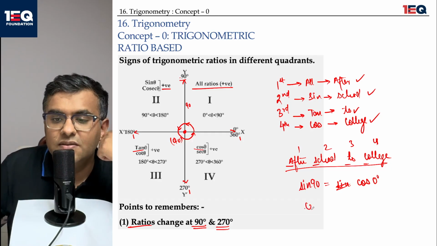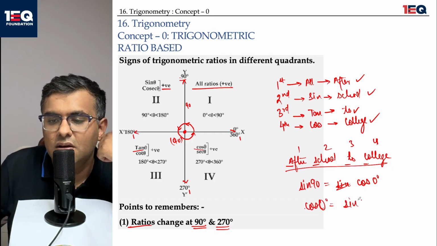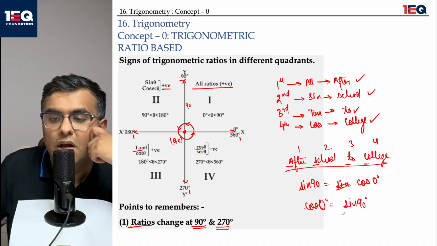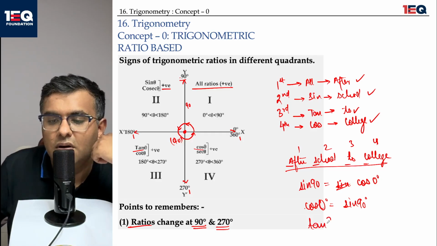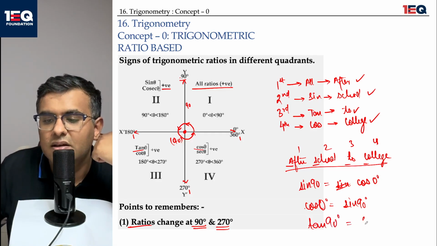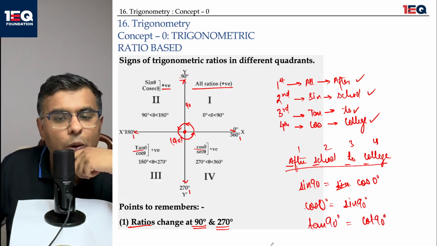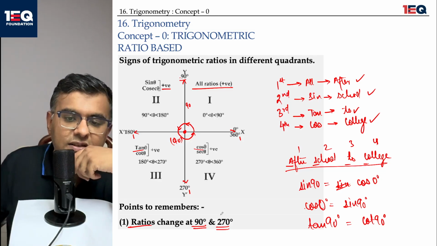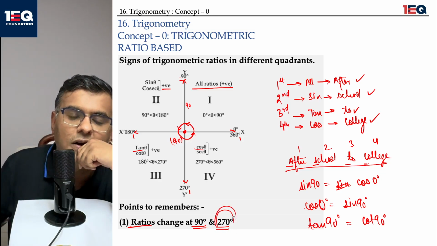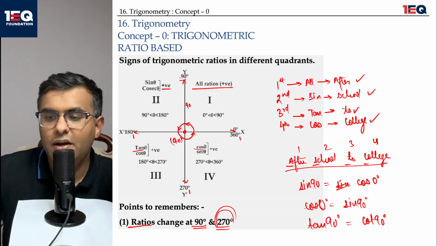If somebody asks me what is cos 0 degrees, I can say that this is sine 90 degrees. If somebody asks me what is tan 90 degrees, I can say that this is equal to cot 0 degrees. That is when the ratios change. The same goes for 270 degrees. Let's move forward.